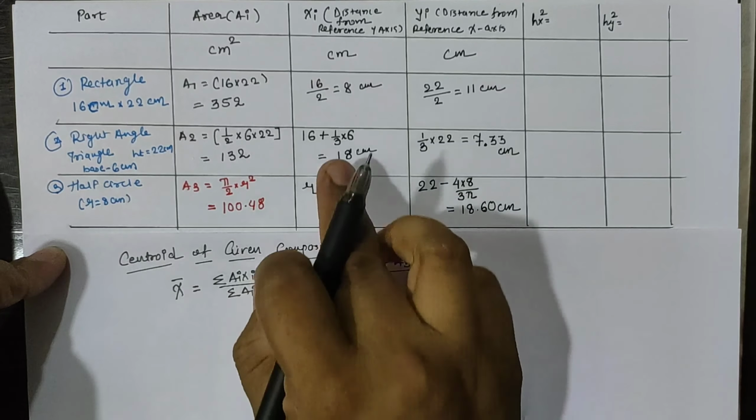Area is 100.48 and the Xi value for the half circle is 8 centimeter, divided by the total algebraic summation of area. So 352 as A1, 132 as A2, minus 100.48 as A3. Now solving this term, we have x bar equal to 11.44 centimeter.